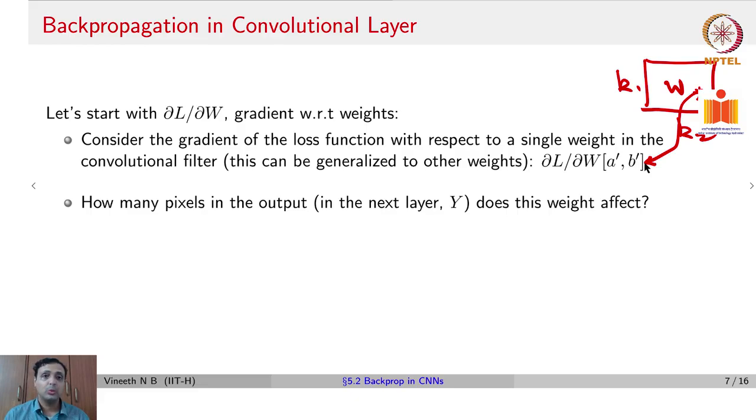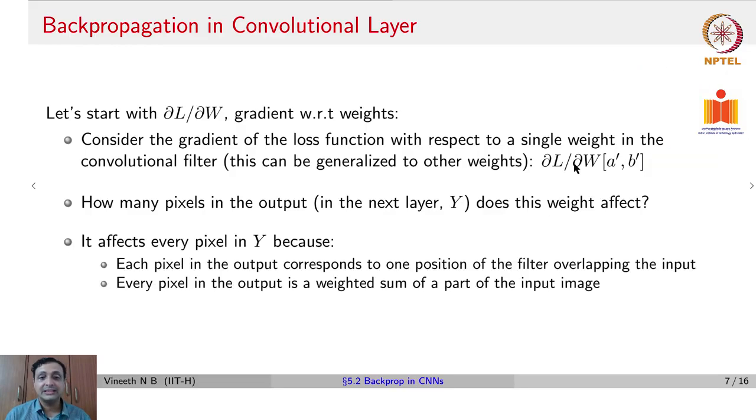Because remember, the way backpropagation is done, for all the values that a particular pixel impacts in the next layer, we have to accumulate all those gradients back into the gradient at that particular pixel. This is what we saw with feed-forward neural networks. So in this case, the question is, if we took the weight at (a', b'), what all pixels in the next layer's map does that particular weight affect?